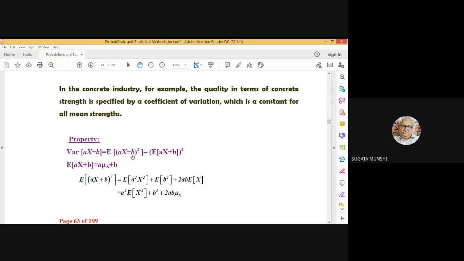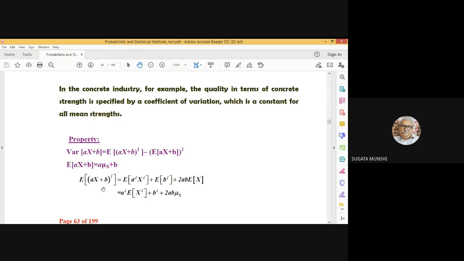Now, what is the expression for the expectation of ax plus b? Expectation of ax plus b is obviously a into expectation of x, that means a mu x, plus expectation of b. b is a constant, so it's simply a mu x plus b. Mean square value of ax plus b is the expectation of ax plus b whole squared.